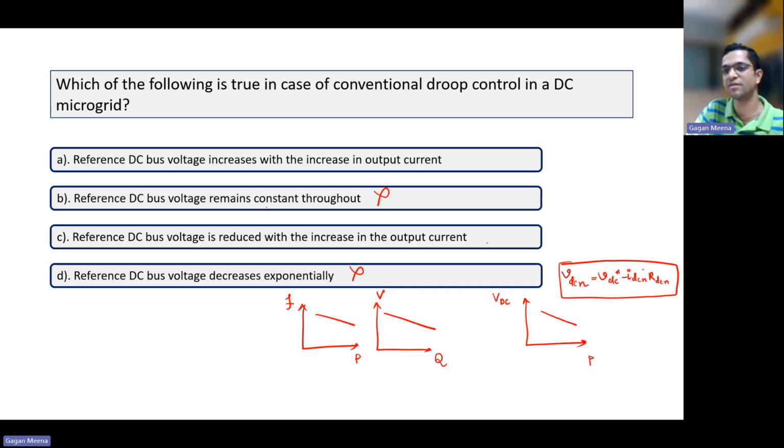Now, if the current increases, what will happen to the DC bus voltage? It will reduce.